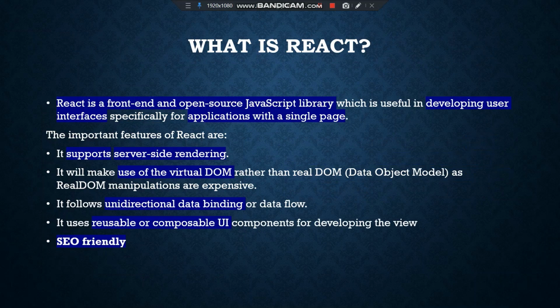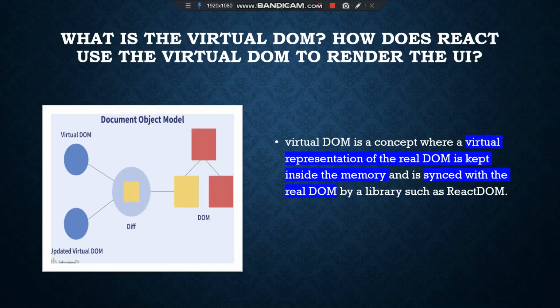As you can see, React uses two virtual DOMs to render the user interface. One of them is used to store the current state of the object and the other to store the previous state of the object.